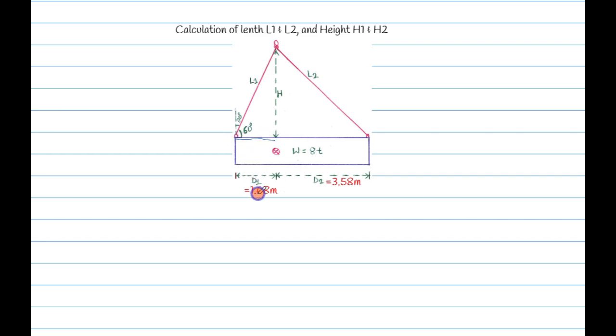Why? Because we only know one of the sides, which is D1, and we know one of the angles. We don't know h, we don't know L1, so we are going to use trigonometric ratio to do this.